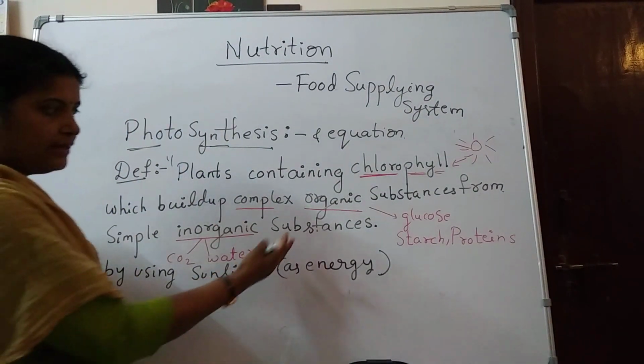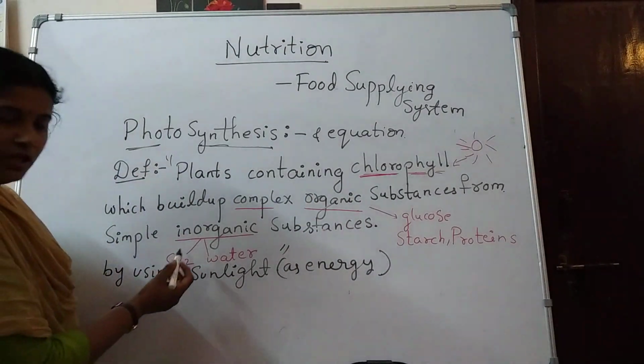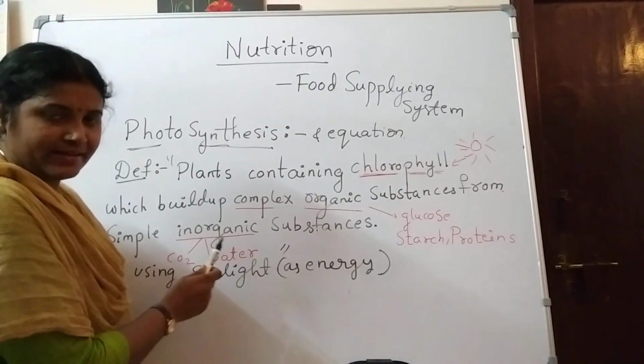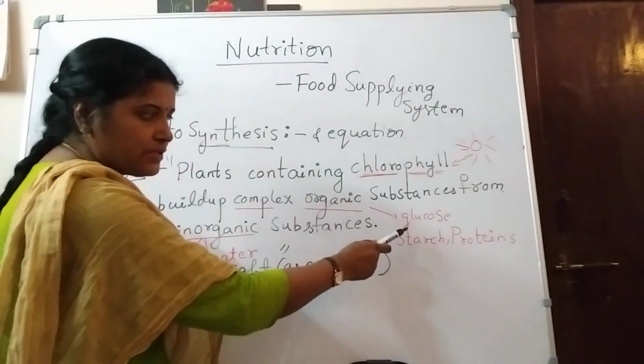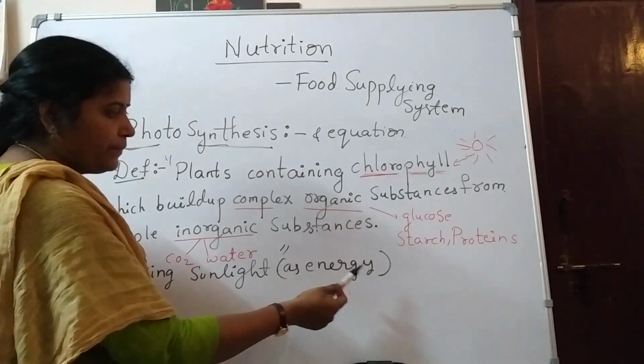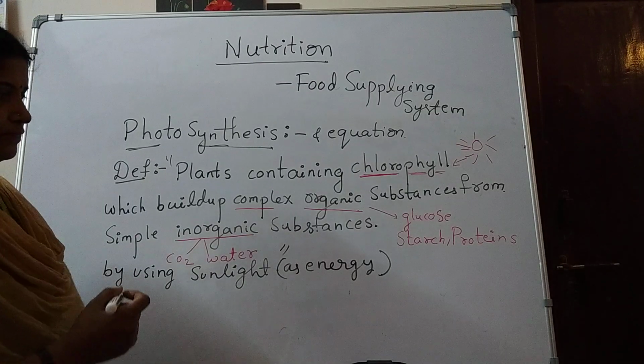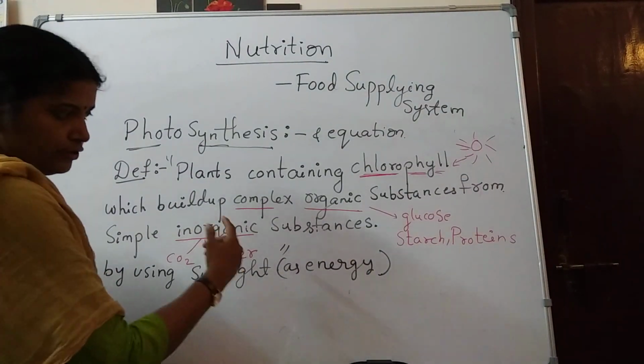Now you got what are organic substances and what are inorganic substances. Inorganic substances means carbon dioxide and water, and organic substances will be glucose, starch, proteins, even fats also prepared by the plants. Okay, now all of you note down this.